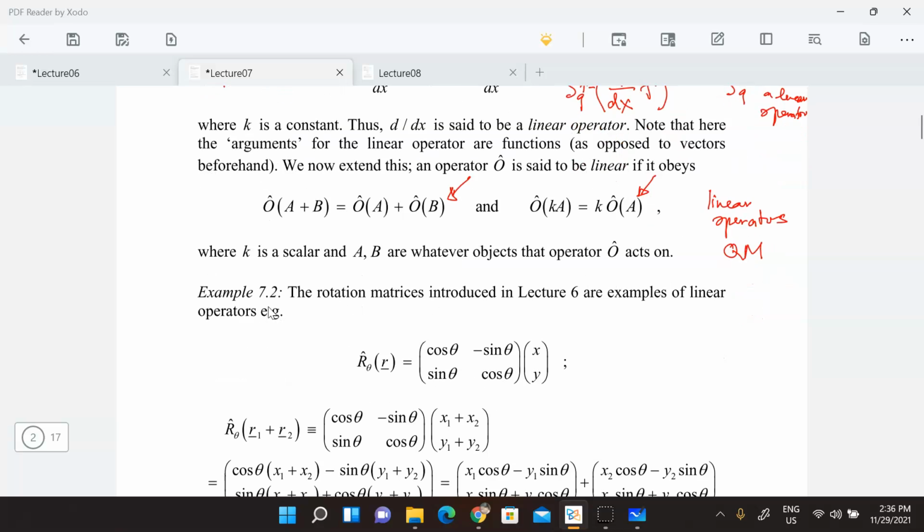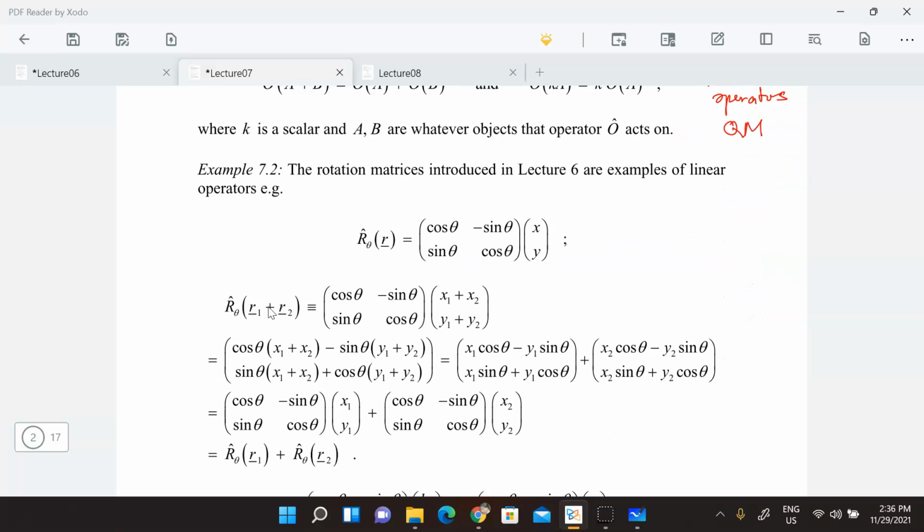Now another thing that you have actually learned is your rotation matrix. The rotation matrix will act on a vector. This is the vector.